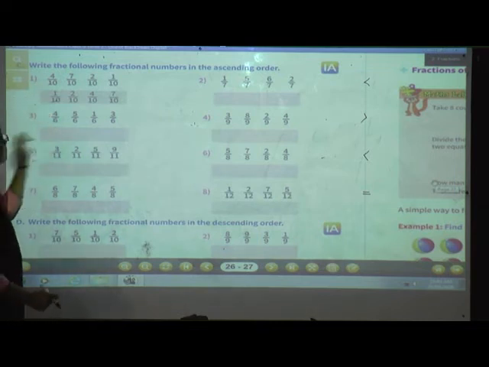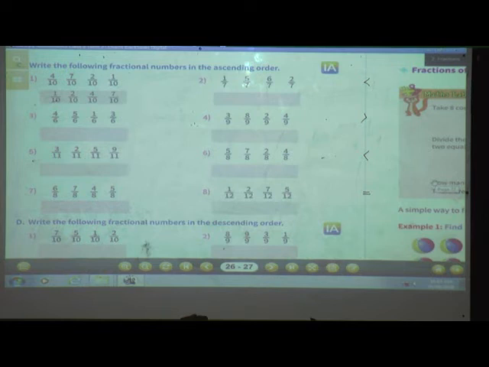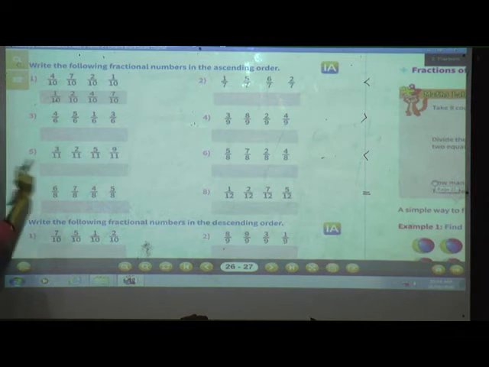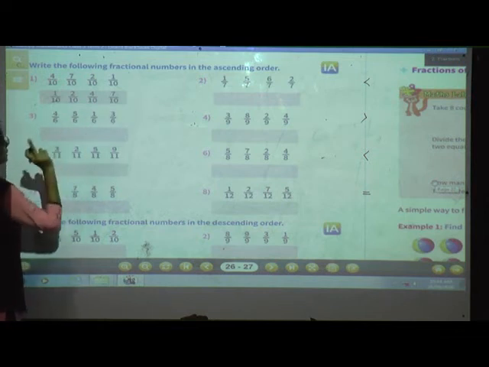Now we'll move to the third example. See the fractions 4 by 6, 5 by 6, 1 by 6 and 3 by 6. Now we have to arrange these fractions in ascending order, from smallest to biggest. See, all are like fractions, so for that we have to see only the numerator.